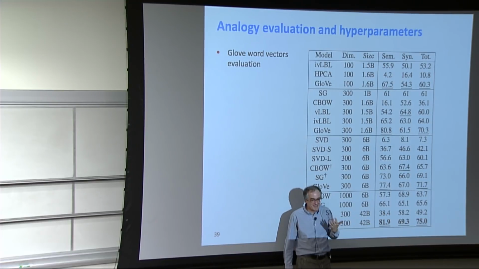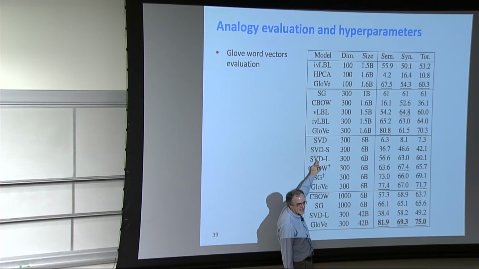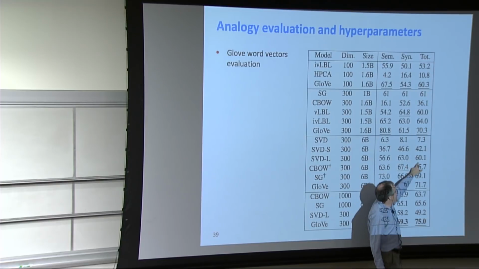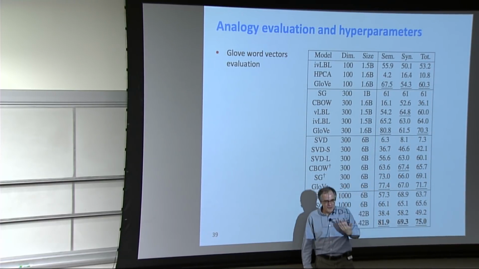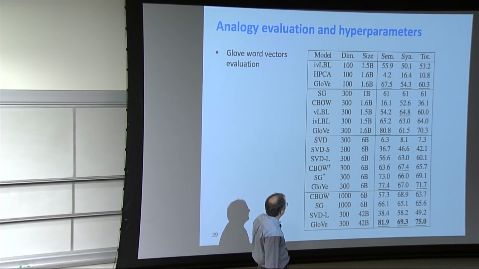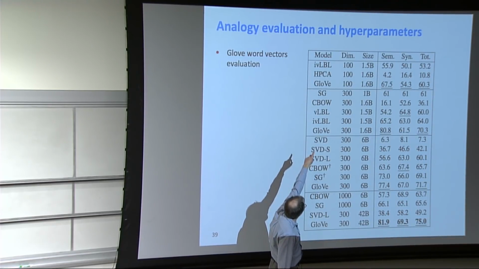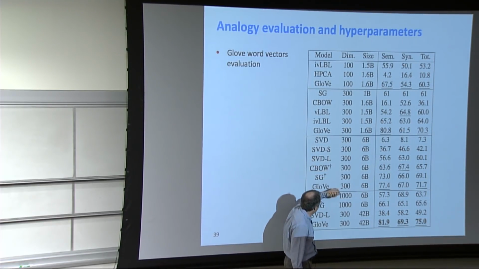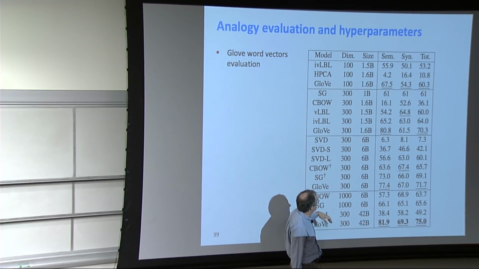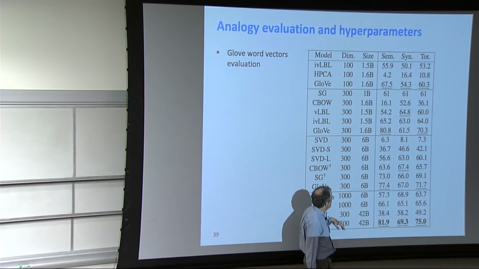But kind of as Doug Rohde showed, if you start doing manipulations of the count matrix before you do an SVD, you can actually produce an SVD-based system that performs quite well on these tasks, not badly against other things. Other things that you will discover: at the top there are 100-dimensional ones, and at the bottom there are some 1,000-dimensional ones and other 300-dimensional ones. At least when you're training on a big amount of text, bigger dimensionality definitely works better, and I'll come back to that in a minute.